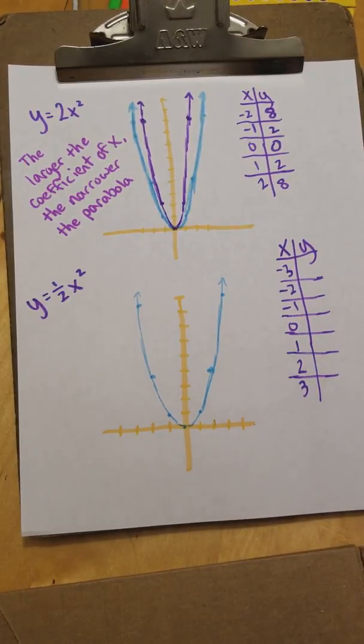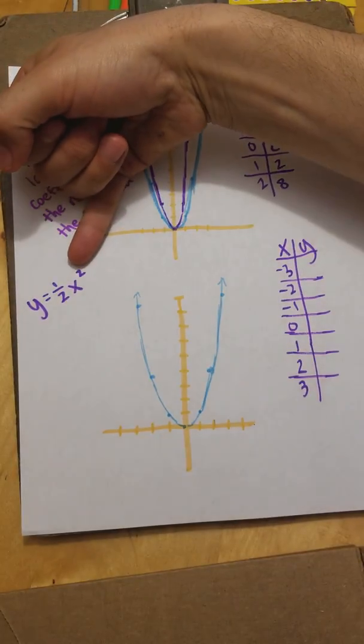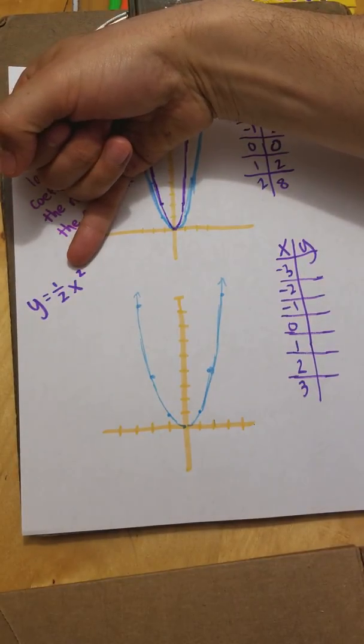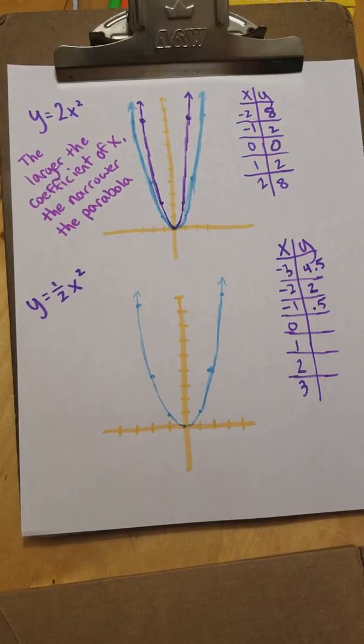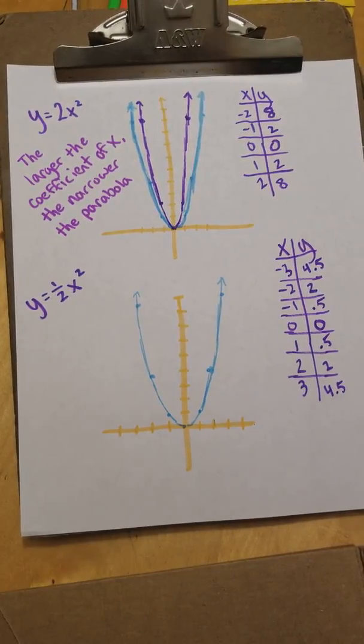We did calculate these earlier, but let's just plug them in. -3 squared is +9 times 1/2 is 9/2, or 4.5. -2 squared is +4 divided by 2 is 2. -1 squared is 1 times 1/2 is 1/2. 0 squared is 0 times 1/2 is 0, and it's going to mirror on the other side for this quadratic function. It doesn't always mirror over 0, but on the kind we've done so far it does.